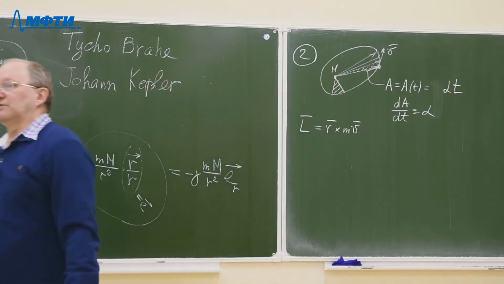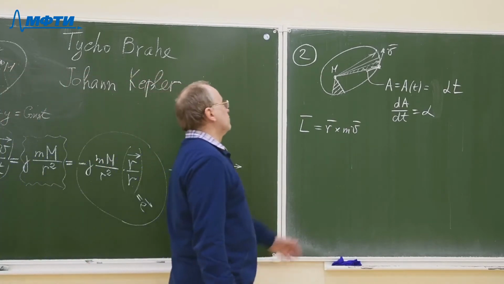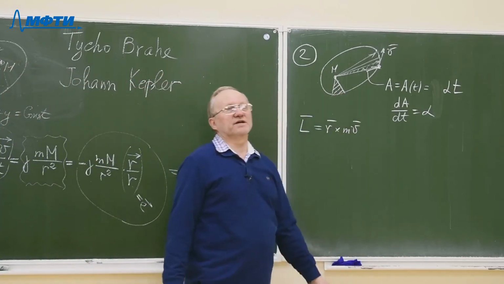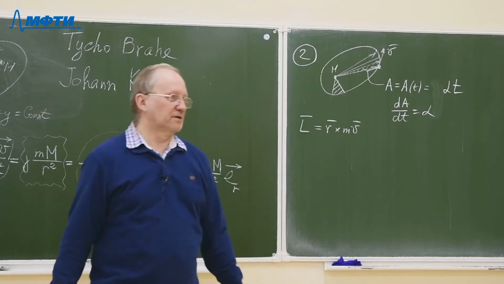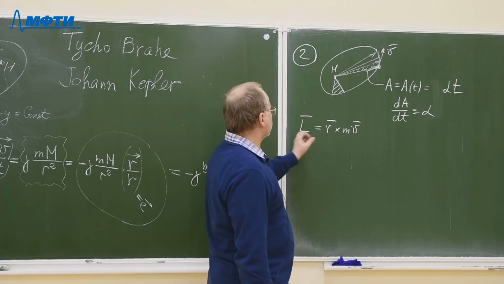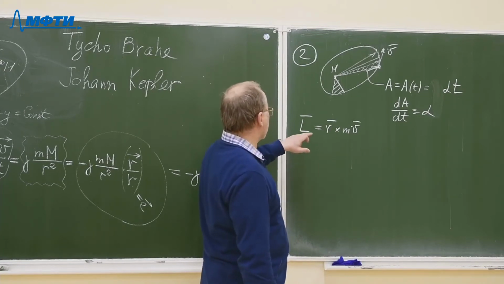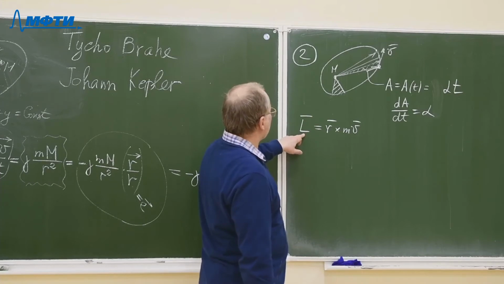And there are no forces of friction. So these forces are conservative. It means that the energy is not lost. We discussed all these things. And with these assumptions, we understand that we have derived the law of conservation of angular momentum.